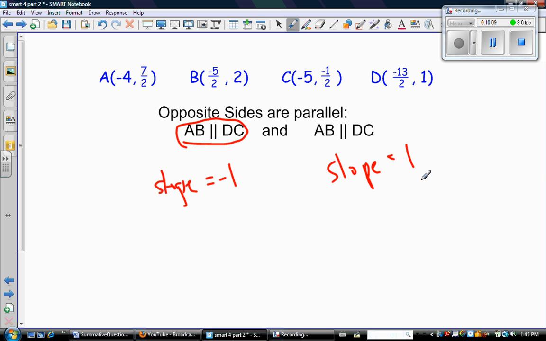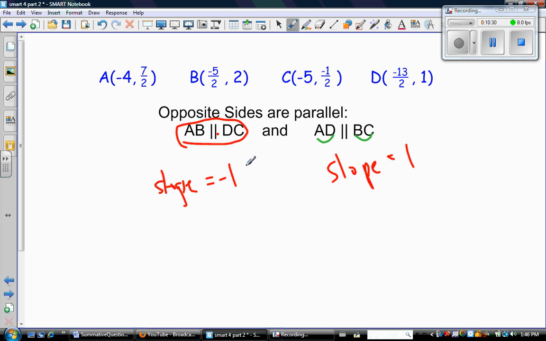Oh, did I get that backwards? Both of these say A, B, D, C. That doesn't make much sense, does it? Just a second. There. What mistake? There was no mistake. It was perfect the whole time. So we found that AD and BC both have slope of 1.